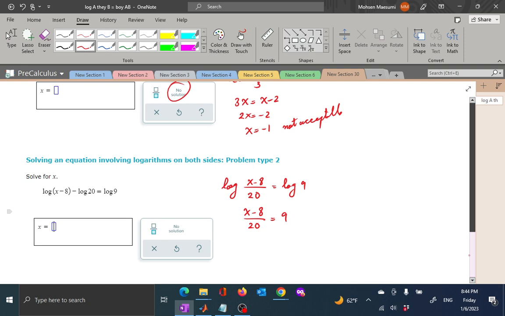Logarithm, you say, is a one-to-one function. The only way logarithm of something is equal to logarithm of something else is that those two things should be equal. Cross multiply, x minus 8 is equal to 180. So we have an interesting answer. That the answer is 188.